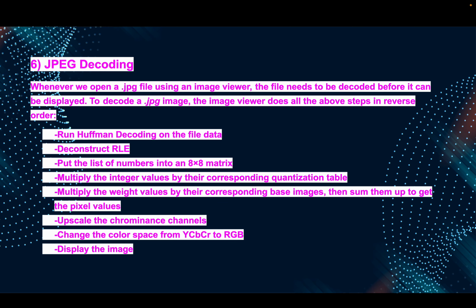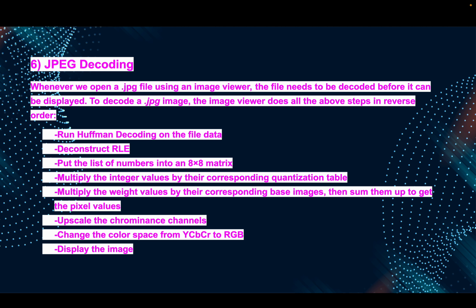Sixth is JPEG decoding. Whenever we open a .jpg file using an image viewer, the file needs to be decoded before it can be displayed. To decode a JPEG image, the image viewer does all the above steps in reverse order.